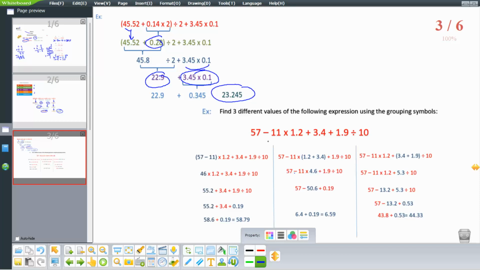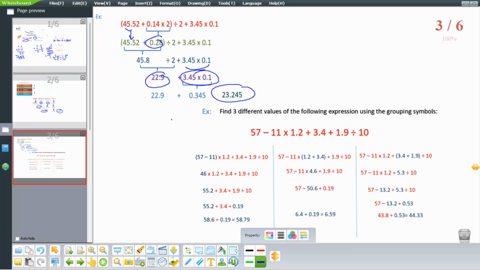We can put brackets like this, 57 minus 11. Okay, and we can put brackets between 1.2 plus 3.4. And we can put brackets around 3.4 plus 1.9, and we have many ways to solve this.